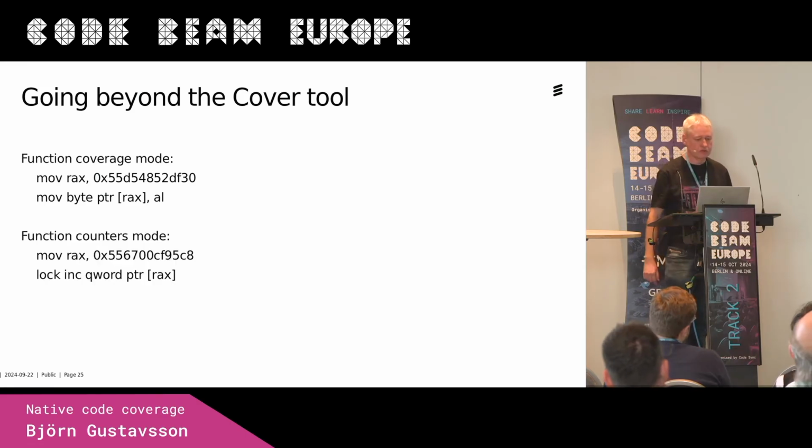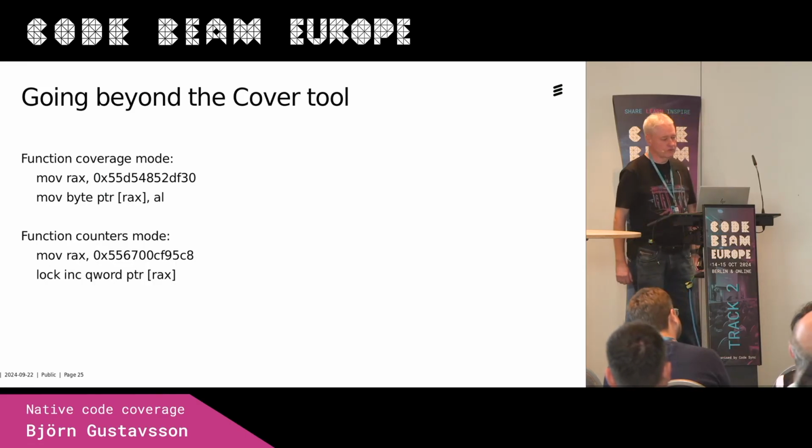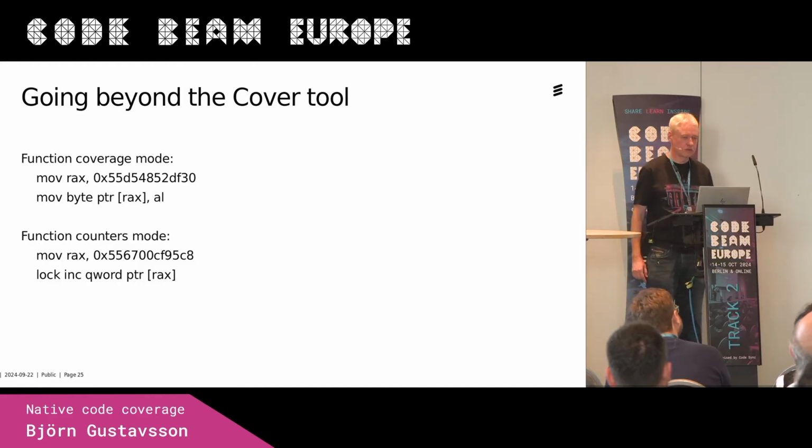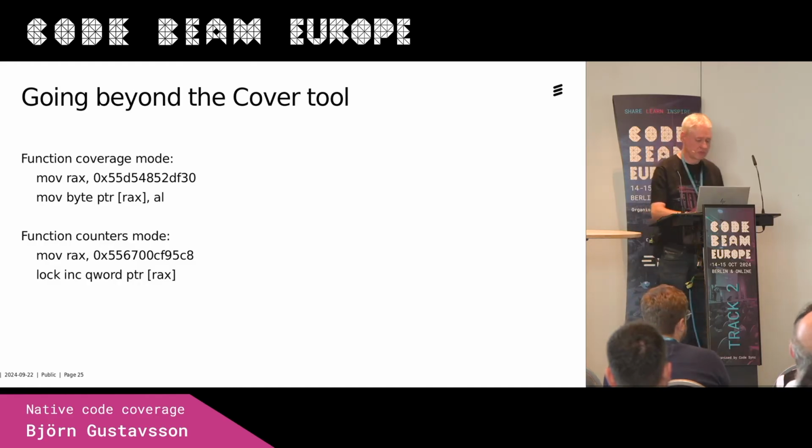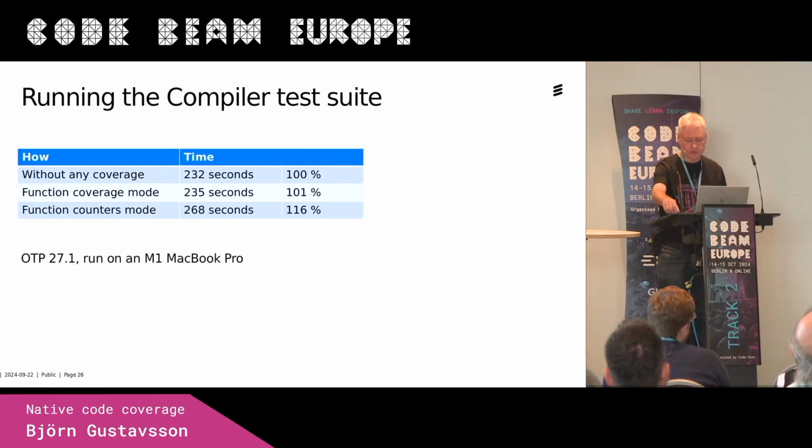And to increment, in function_counters mode, it needs to atomically increment the counter. That is a little bit more overhead because there's a lock prefix needed to make it atomic, to make sure you don't skip values, and that costs. There needs to be synchronization between CPU cores. So okay, let's see how much that will cost.